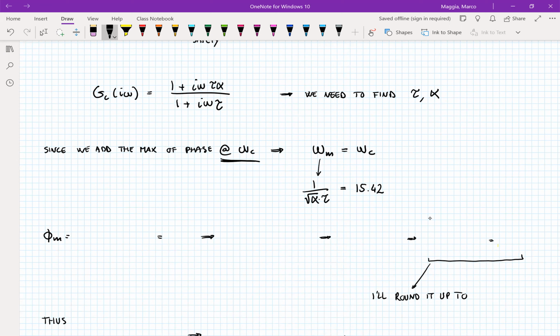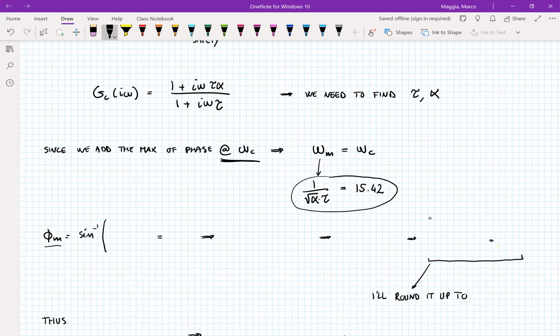But we need another equation, because we only have one equation in two unknowns. The other equation comes from the maximum of the added phase itself, which is phi m, and that depends solely on alpha.